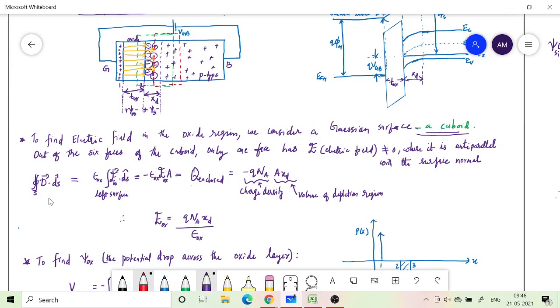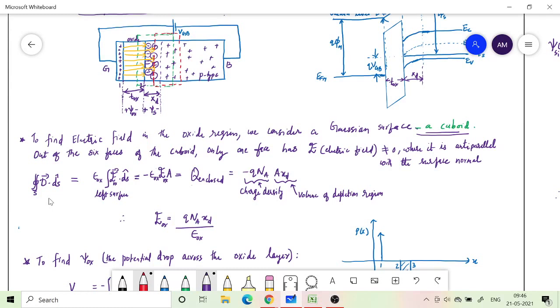Similarly, front and back, and the right side also will not have any electric field, because we are taking the surface in such a way that these 5 faces are outside, in a region where there is no electric field. So only one of the surfaces has an electric field, and that electric field is going to be constant to a good approximation. We are taking that approximation and neglecting all the fringing field on the edges, which is actually also there.